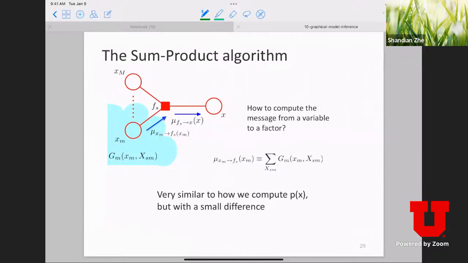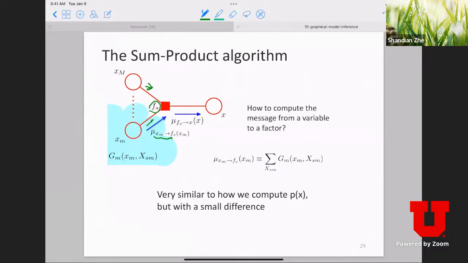So now the question becomes, how can we compute the message sent from a variable node to a factor node? We know if you want to compute the message from a factor node to a variable node, we just follow the rule that multiplies the factor itself with all the incoming messages from variable nodes to the factor node and does the marginalization.